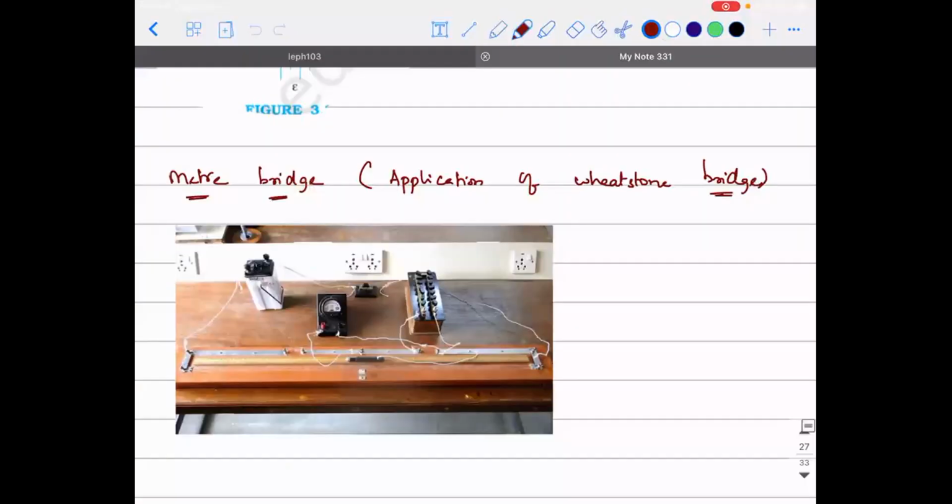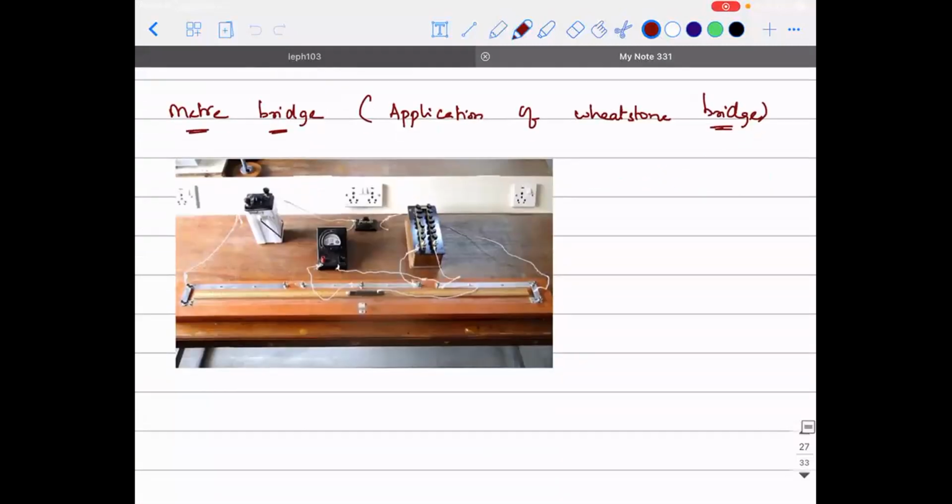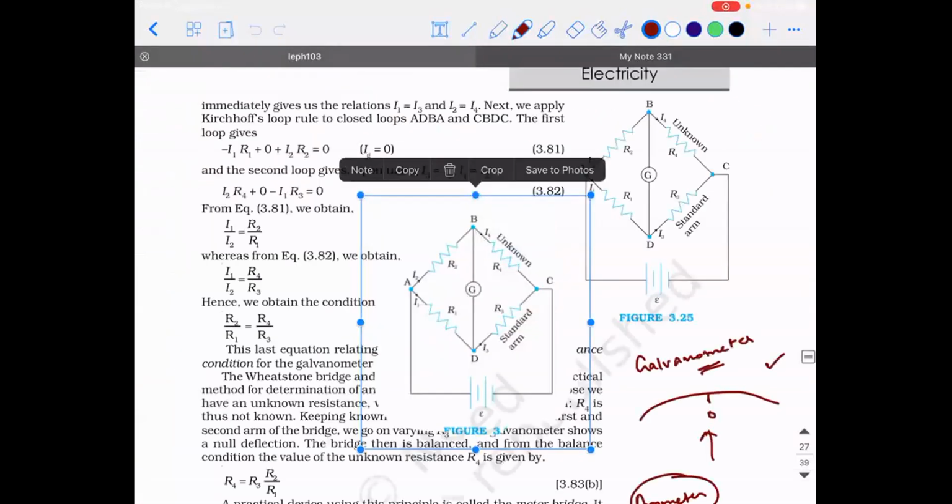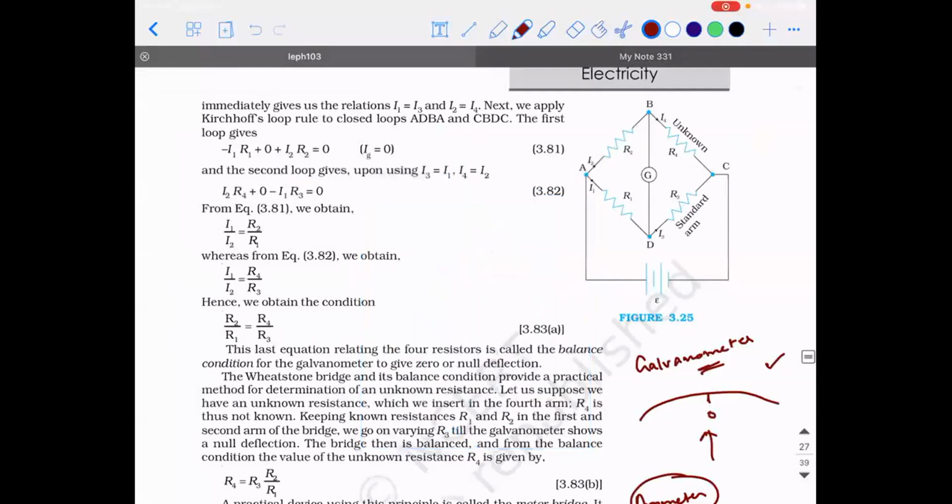Okay, now listen. I'm going to show you 2 things. One is the wooden frame.